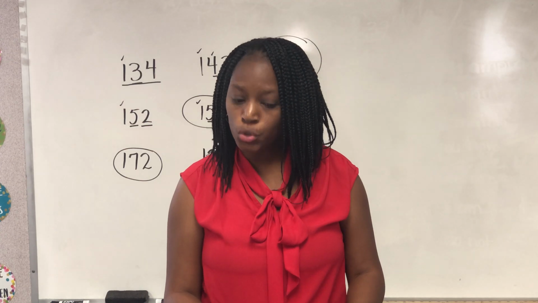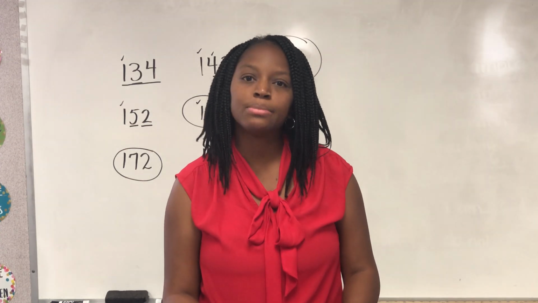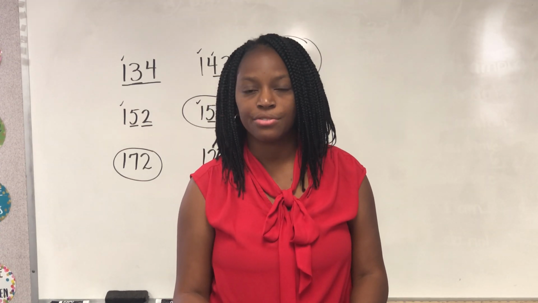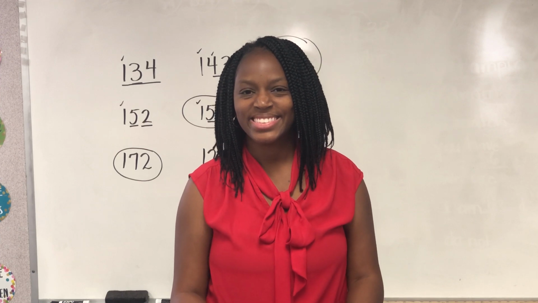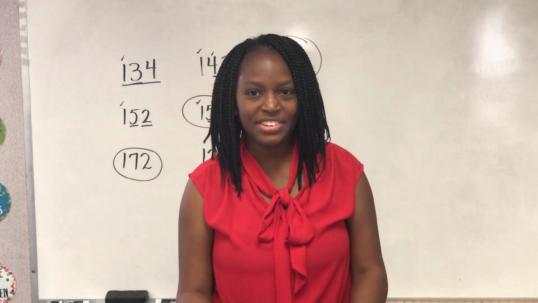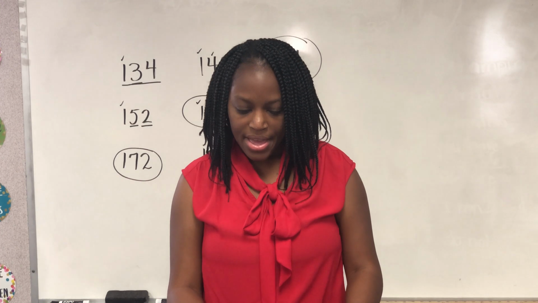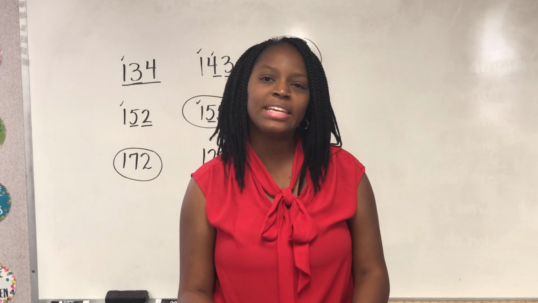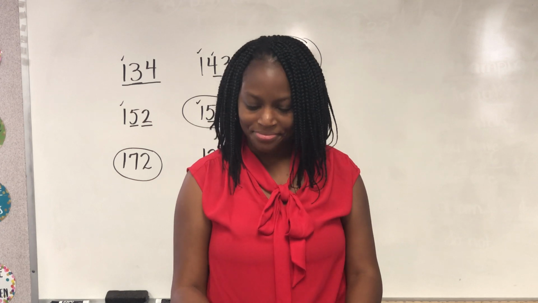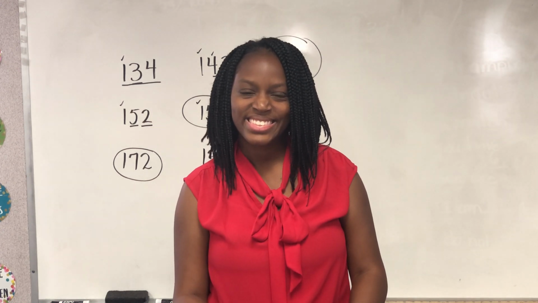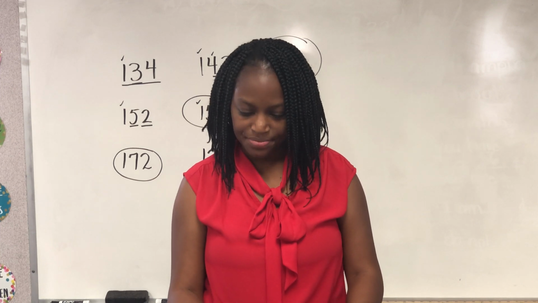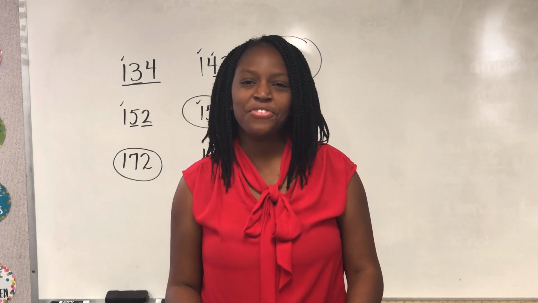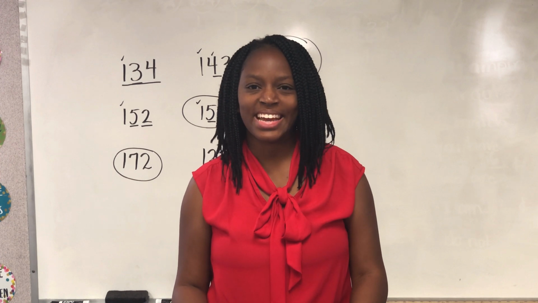If I have 2 quarters and 2 dimes, how many cents do I have? 70 cents. If I have 6 nickels and 2 pennies, how many cents do I have? 32 cents.